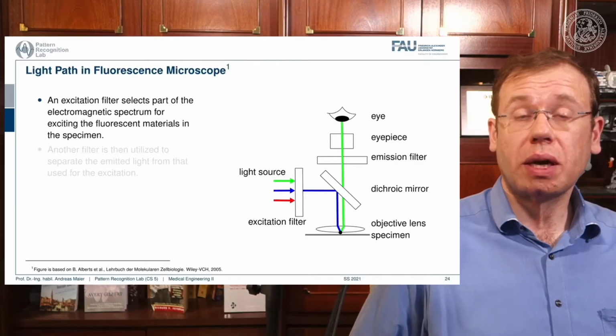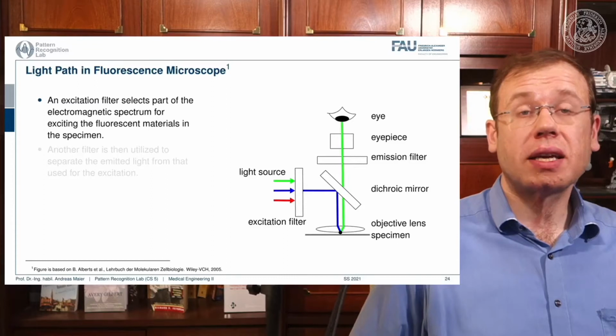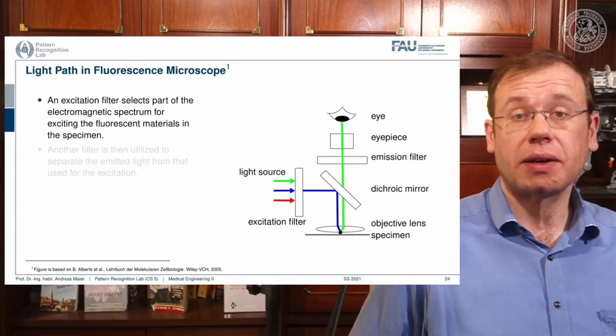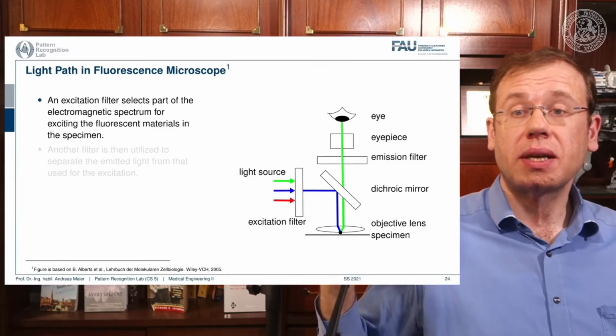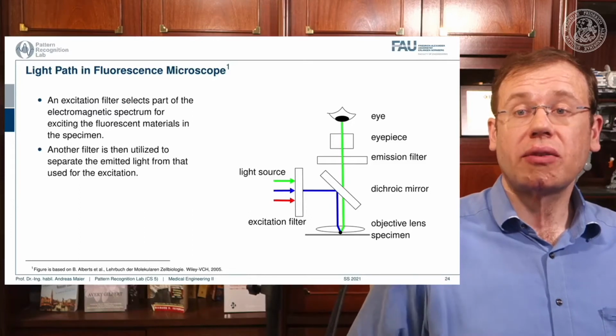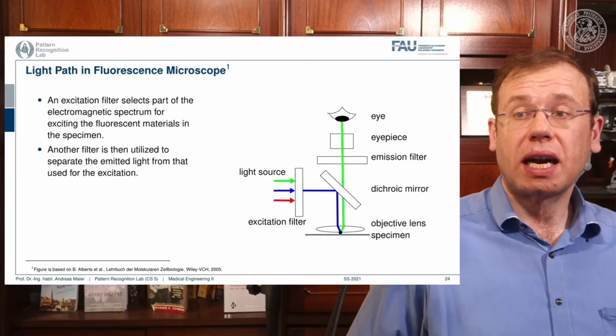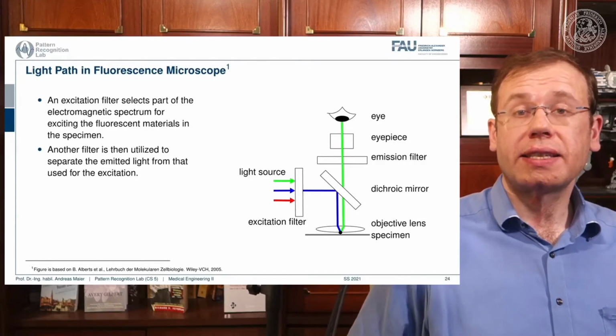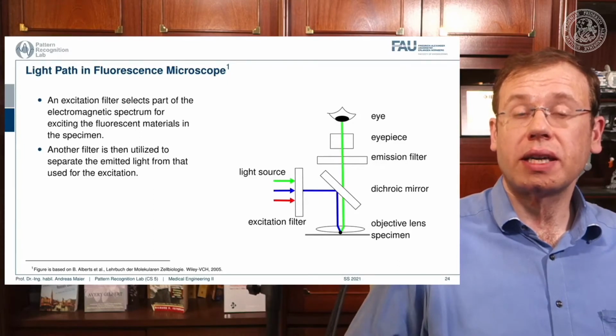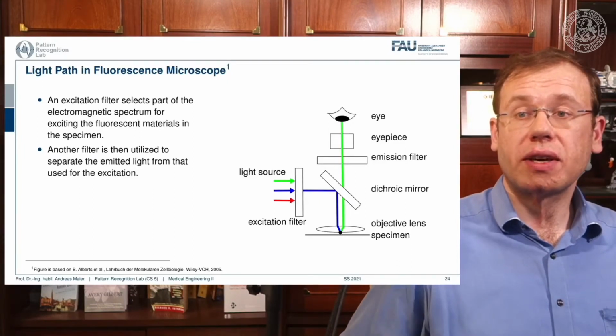Then we have maybe another emission filter and the eyepiece, and then we can look at the fluorescence effect with the eye. So this is the general setup. And of course, we have also an additional filter that can be used in the eyepiece, which is allowing us to only focus at the wavelengths that are in the range of the fluorescence effect.